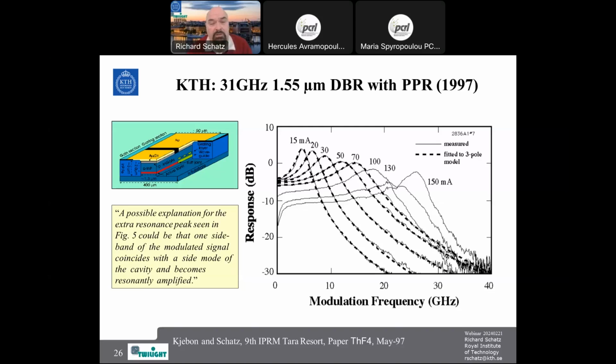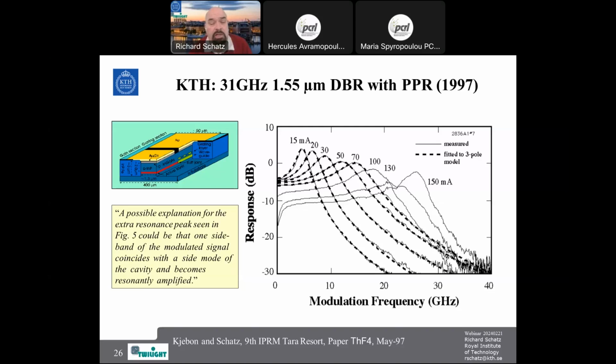The benefit compared to modulating the carrier density directly is that you can get the fundamental modulation response quite high, and then you can get this photon-photon resonance, which normally occurs at 30 or 40 or 50 gigahertz, and it's very difficult to get the modes so close.